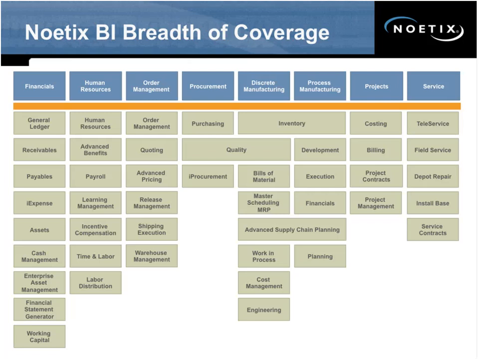And within each of those big subject areas, there are smaller modules, general ledger, assets, benefits and payroll, inventory and bills of material, and all of those kinds of things. And for each of those that Oracle provides with E-Business Suite, Noetics provides the data models for both the operational views and the analytics data warehouse in each of those functional areas.